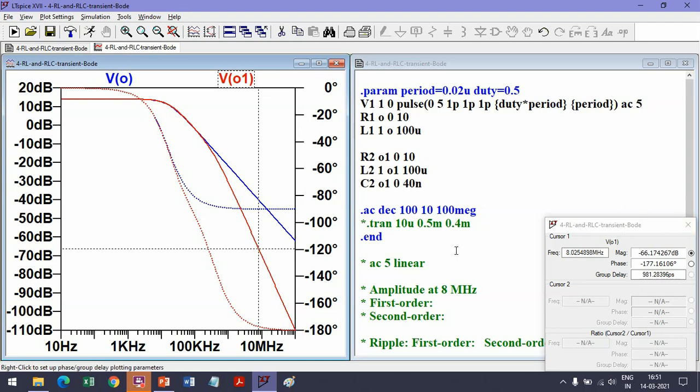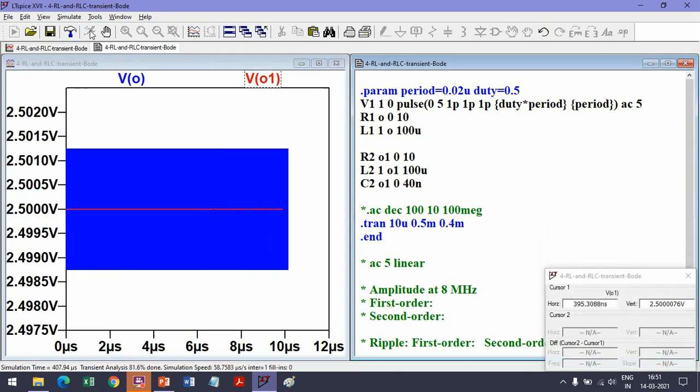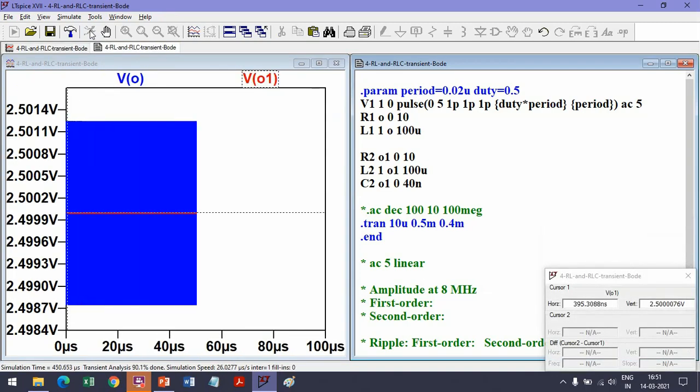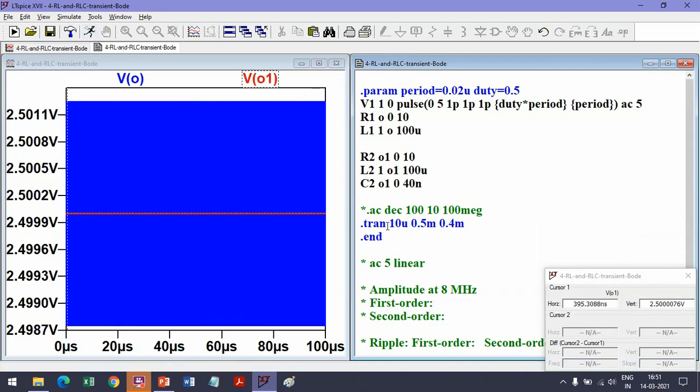Alright, so in fact let us do the ripple also, ripple calculate. Let us just look at the ripple in the transient analysis, it's nice to see. Yeah, so the blue is the RL circuit, the red is the RLC circuit.